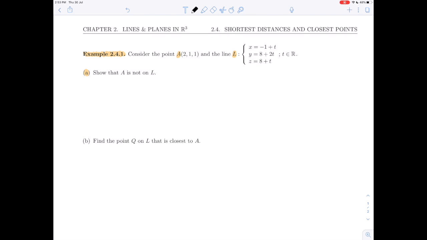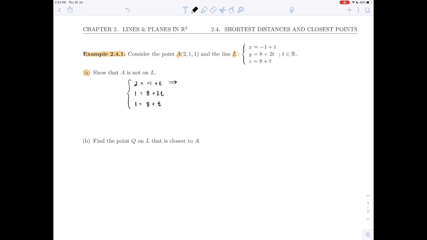So let's remember that to do so, we are going to plug in the x, y, z as the coordinates of A. So 2 is minus 1 plus t, 1 is 8 plus 2t, and 1 is 8 plus t. And for A to be on L, it has to be a single value of t that works in each of those.